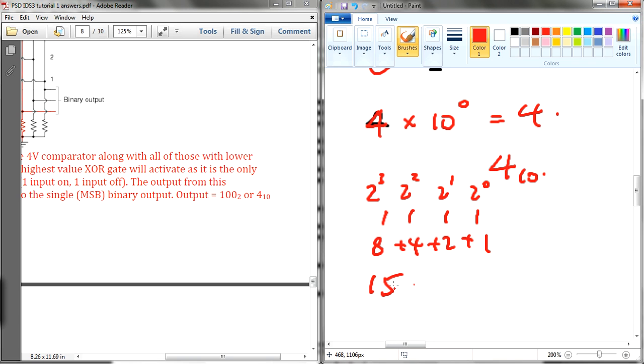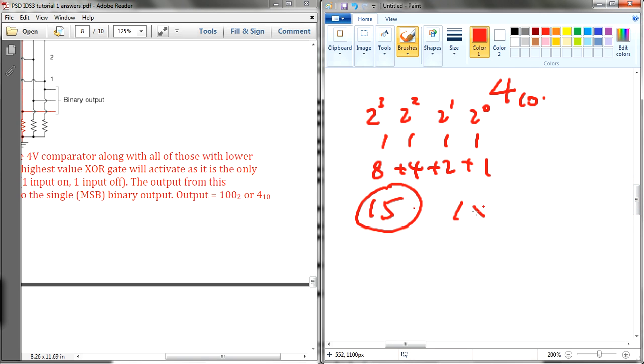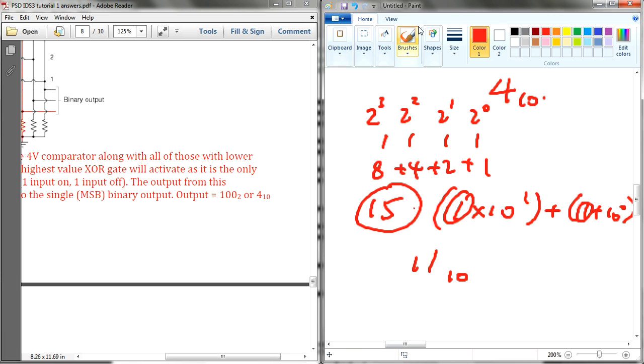If you were to convert this into base 10, it's 1 times 10 to the power of 1 plus 1 times 10 to the power of 0, which is just taking out the 1 and 1, so it's just 1, 1, 10. If you want to verify, we can go to the computer. It should be, yeah, this thing should be 5 times 10.